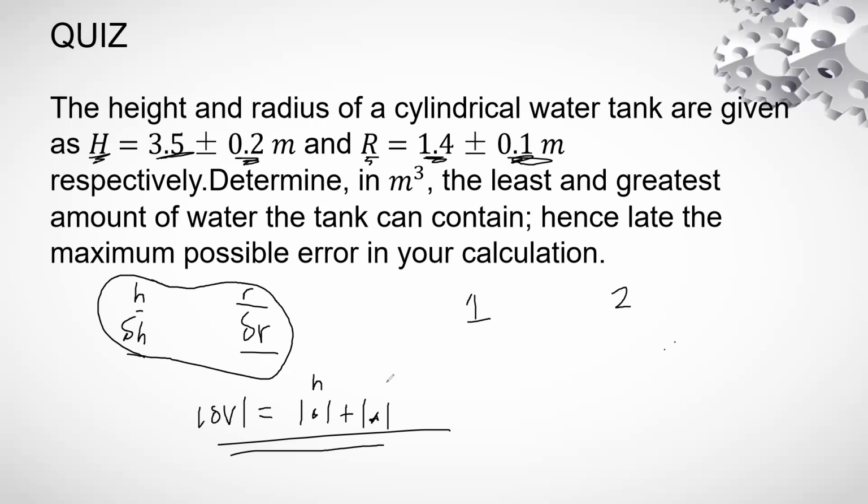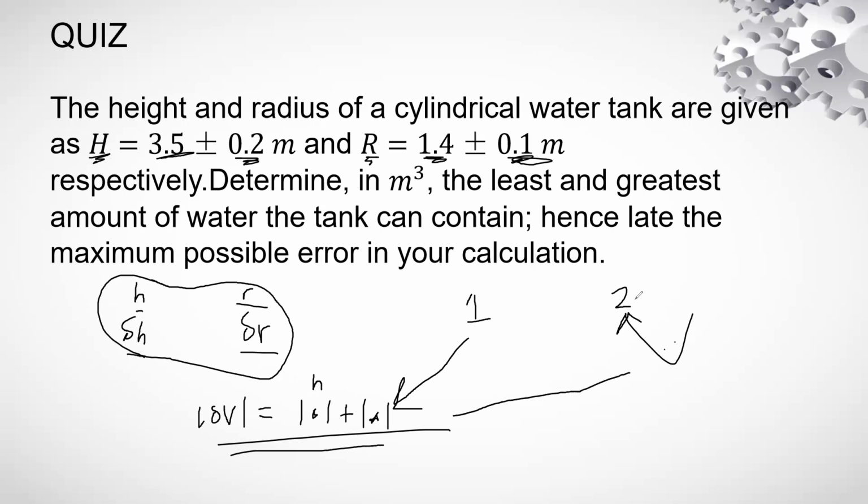In your first solution, I want you to use this expression. In your second solution, I want you to use the first principles we looked at, and you would see that your answers are going to converge, are going to be quite similar.